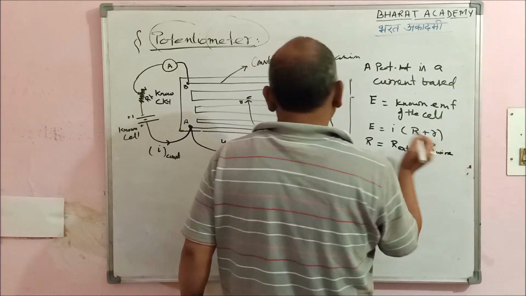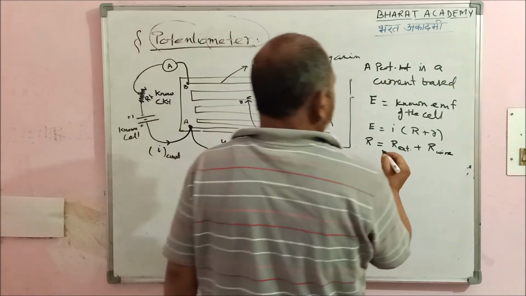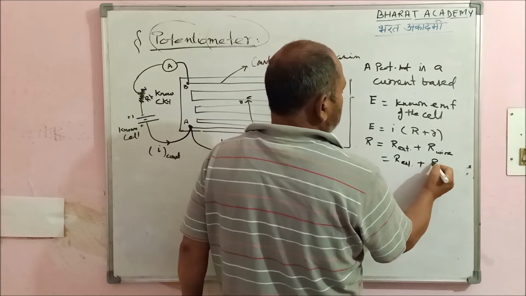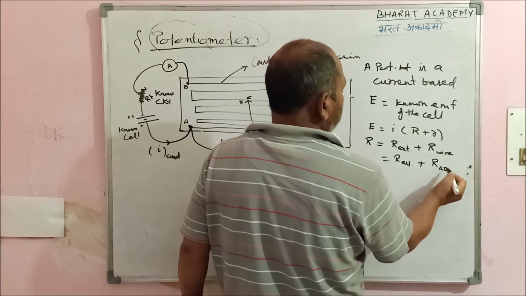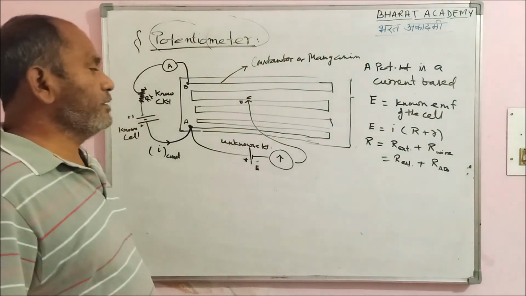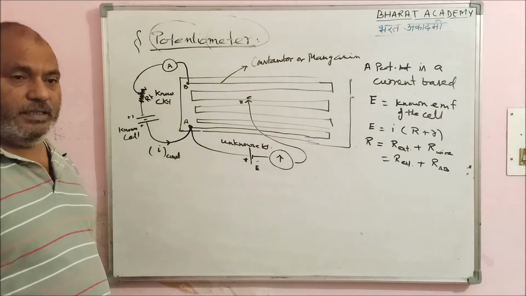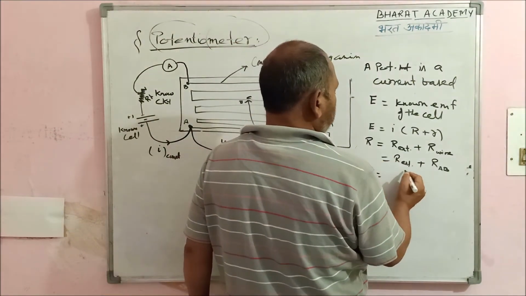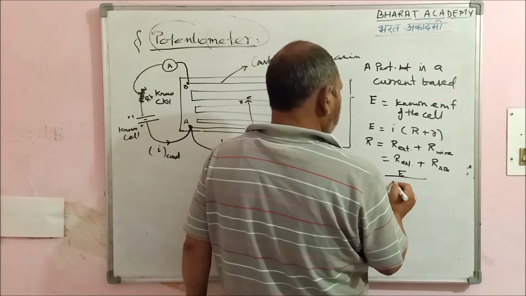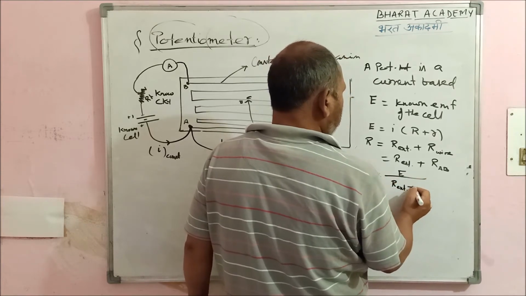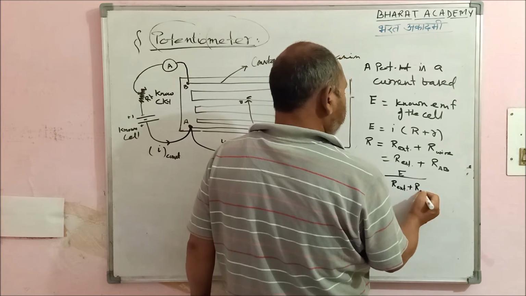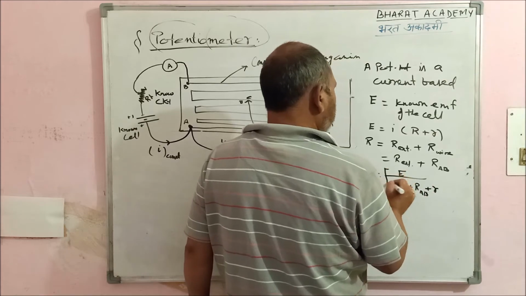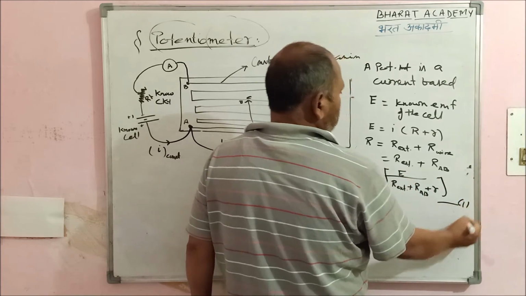Remember, this wire AB will have its own resistance, R external plus resistance of AB. Generally it is given that the resistance per unit length is this much. That gives you the current I equal to E by R external plus resistance of the wire plus internal resistance. That gives you the current through the system.